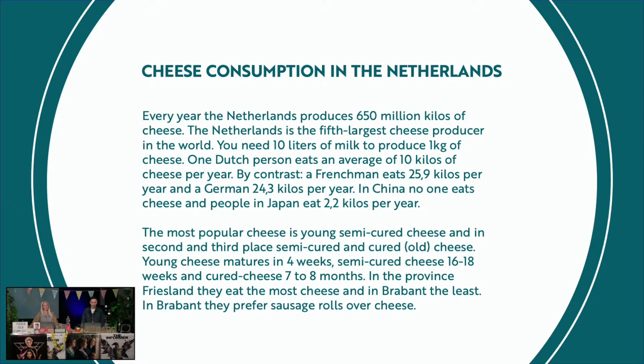Then there's some information on how much milk is used to produce cheese, how much cheese a Dutch person eats in comparison to other people around the world. Yeah, we have the most popular cheese, young semi-cured cheese. And in the end we're talking about the Dutch provinces that eat. So there's also information about that.